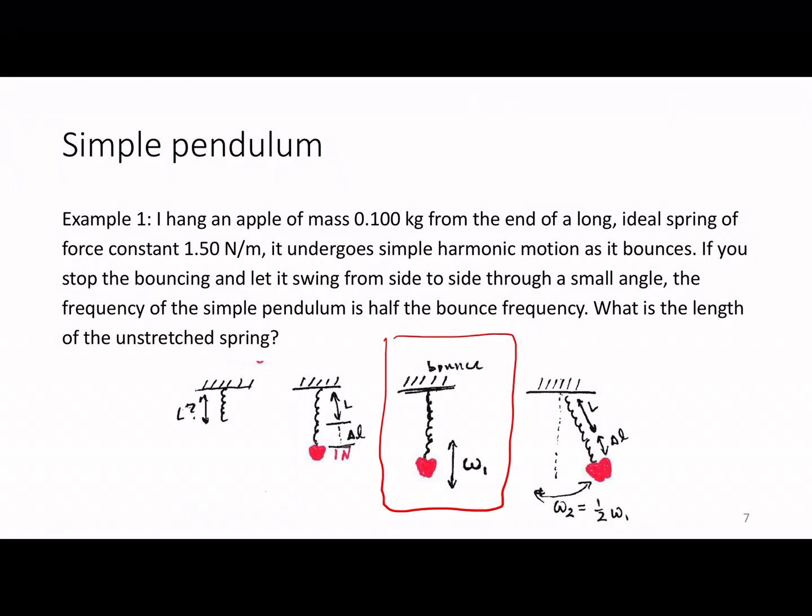So I move it a little bit to the side at a small angle, and it oscillates with some frequency, which I will call omega 2. And let's say that I tell you that omega 2 is 1/2 of omega 1. Based on the information I've given you, what is the length of the unstretched spring, which we call capital L here?